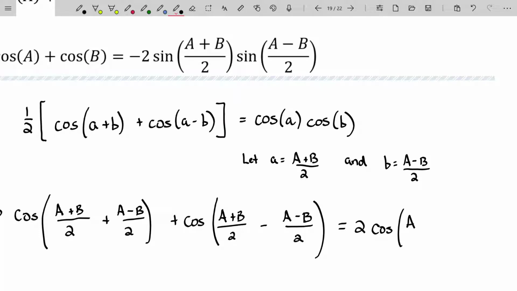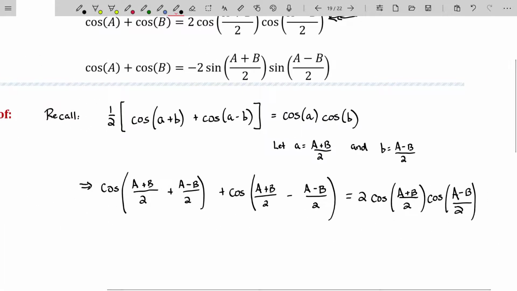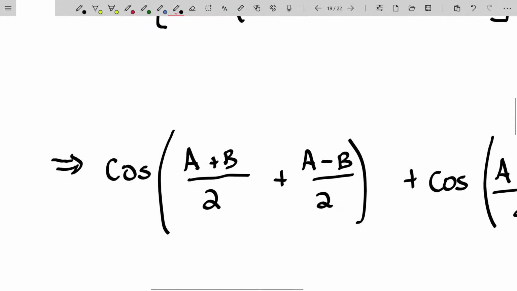So I'm just going to fill this in very quickly. Capital A plus capital B over 2, and cosine of capital A minus capital B over 2. Sorry, that parenthesis should have been elsewhere. There we go.